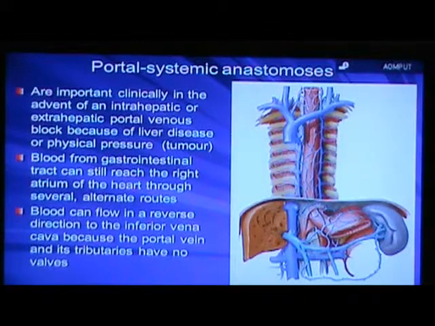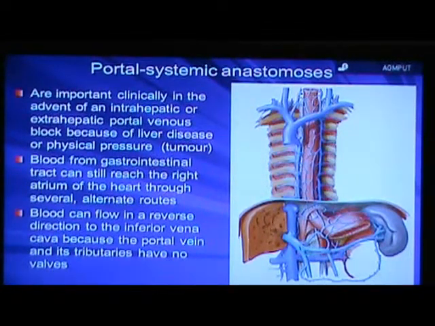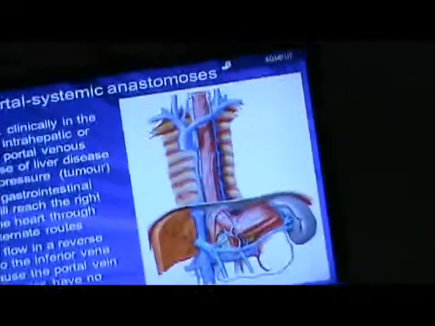So it could be possible that some tumor is present which presses the portal vein, and the blood can't flow to the liver, or there is a thrombus inside which also blocks the blood in the portal vein.